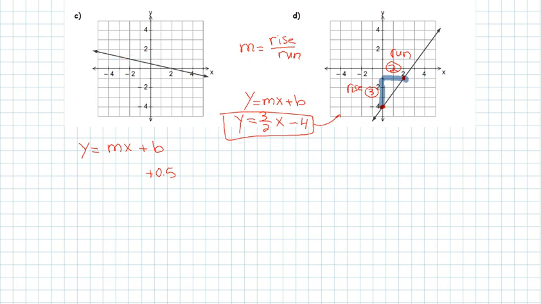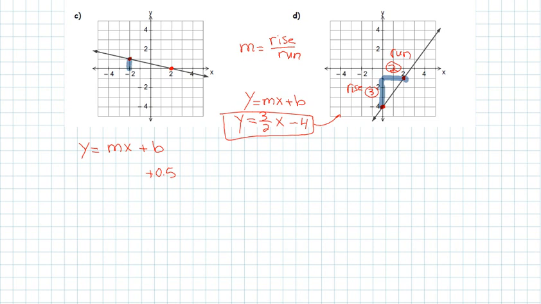Okay, so the 2 points that I'm going to take is this one, because I know exactly what the x and y are. And it's this one, because also I know exactly what the x and y are. Okay? Now, going from this point to this point, how much do I have to rise or go down? How much do I go down? 1.